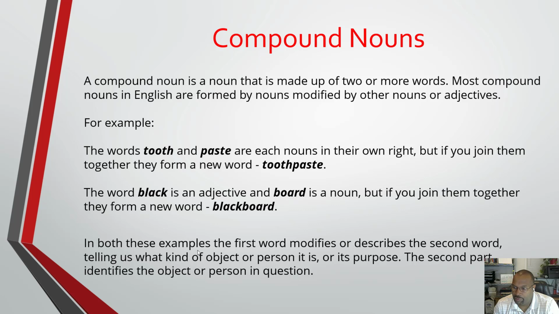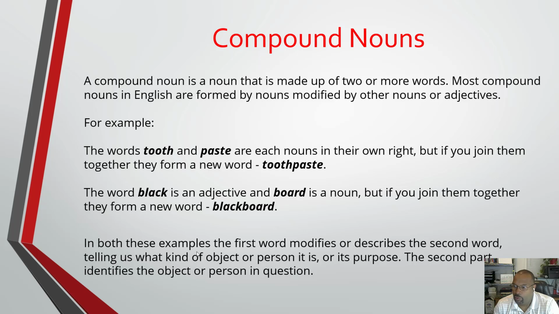In both these examples, the first word modifies or describes the second word, telling us what kind of object or person it is, or its purpose. The second part identifies the object or the person in question.